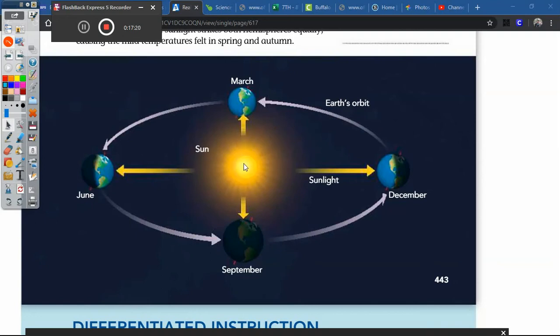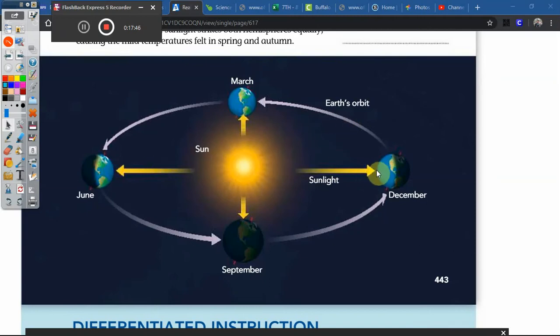So the distance that the Earth is from the sun makes no difference when it comes to our seasons. That does not control the seasons. That is a misconception. We are not closer to the sun in the summer and further away from the sun in the winter. We are receiving more direct sunlight in the northern hemisphere during our summer in June.